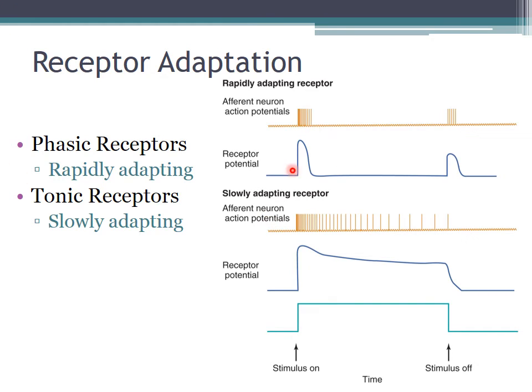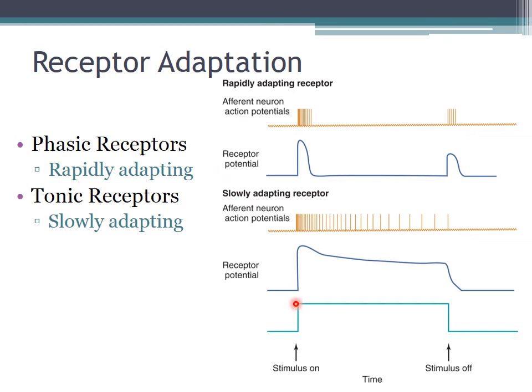So you can see that here in the wording. The phasic receptors are receptors that are known to quickly adapt to a constant stimulus. Tonic receptors are receptors that slowly adapt, but that actually never stop responding to a constant stimulus. You can see that in the recordings here.